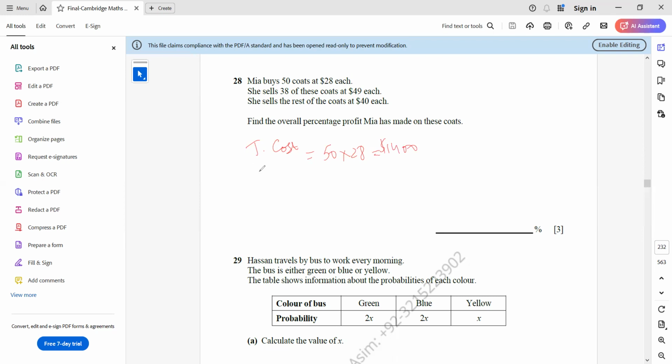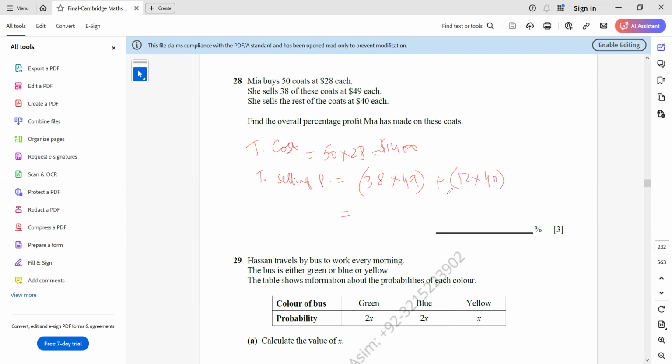And the total selling price is 38 times 49, plus she sold the remaining 12 coats for 40 each.